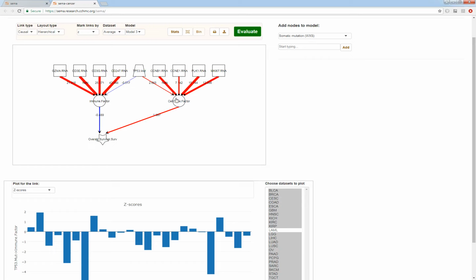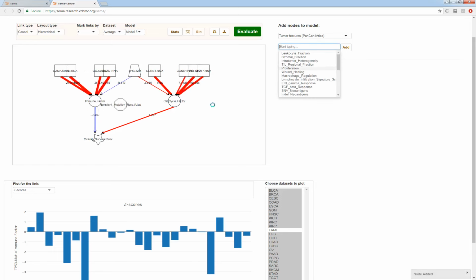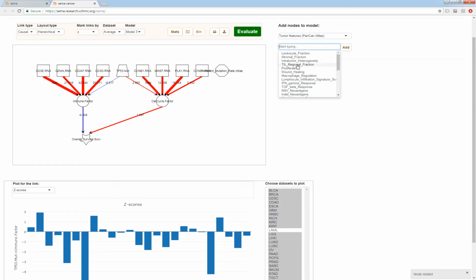Now, we know that immune cell infiltration is affected by mutation rate, so let's pull that out from the PanCan iAtlas. Let's just mute, and then here's our silent mutation rate, non-silent mutation rate. We're going to check non-silent mutation rate, and we know from past studies that tumor aneuploidy also is an important factor in immune cell infiltration.